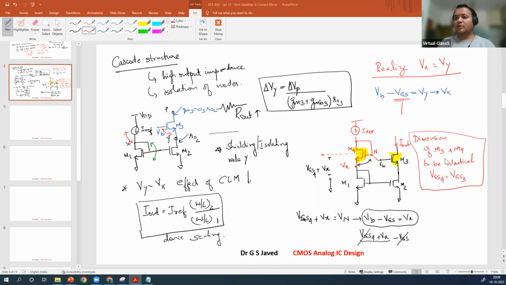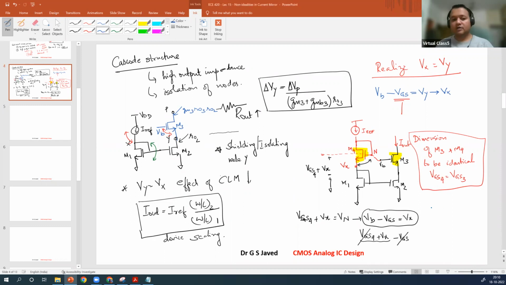Now for this to happen, what should be the condition? The dimension ratio of the mirror circuit at the bottom should be the same as the dimension ratio of the top circuit, or the cascode circuit. What does that mean?